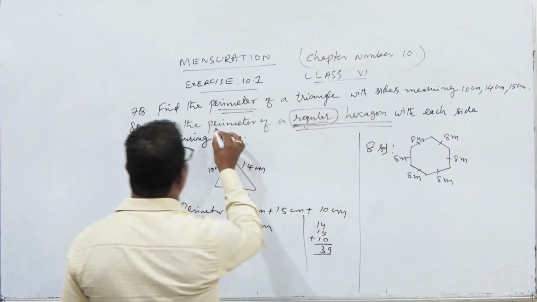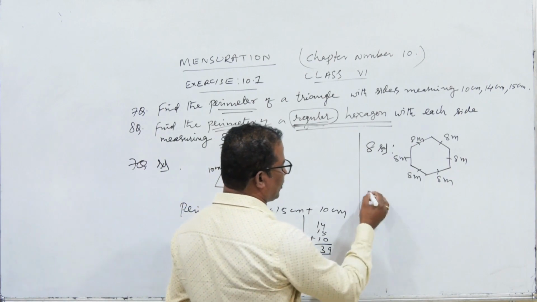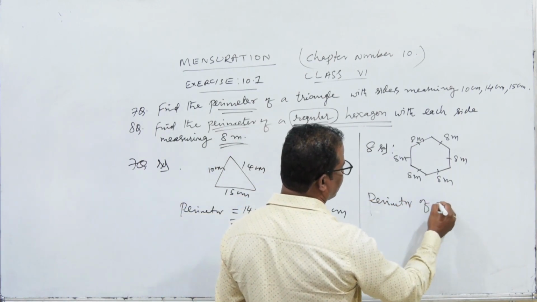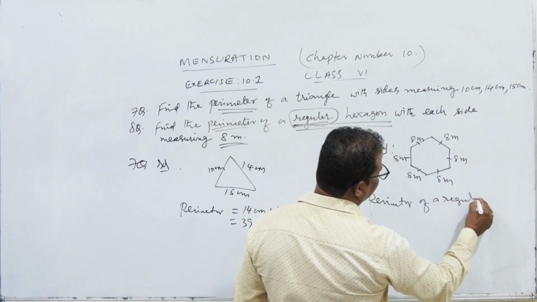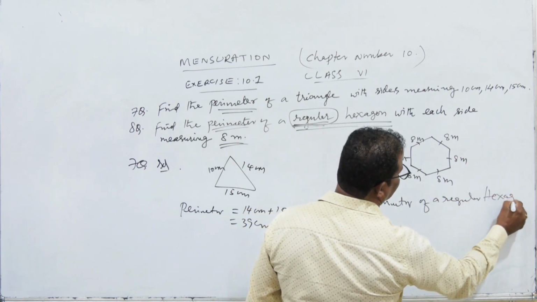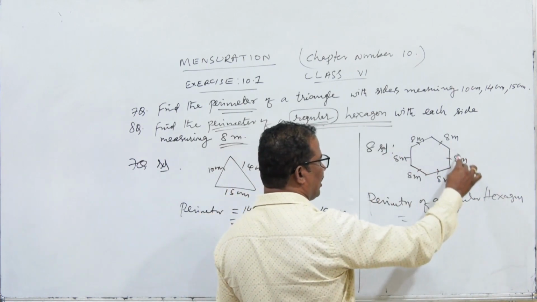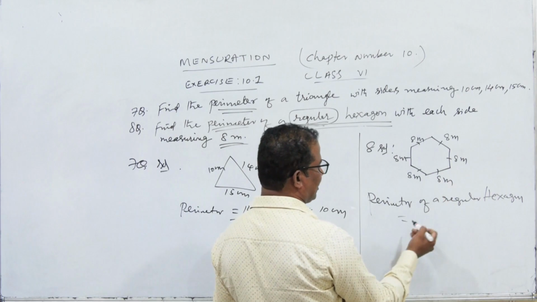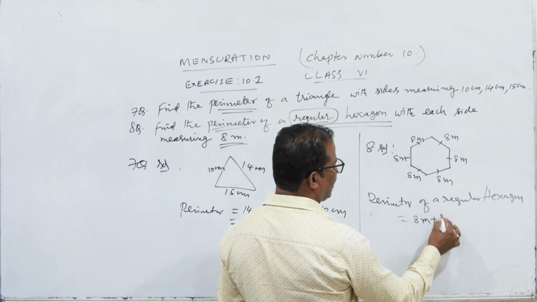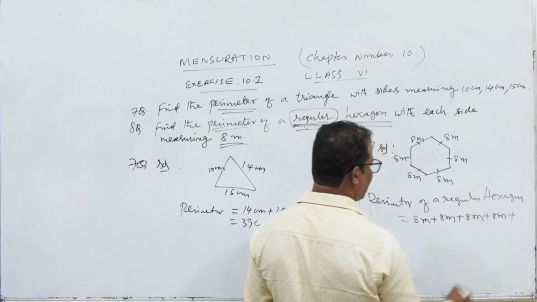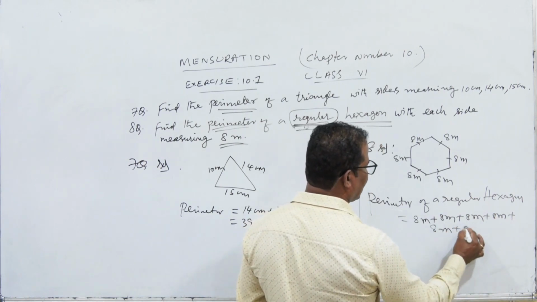So we need to find what? Perimeter. The perimeter of a regular hexagon, there are 2 ways. We can find the total measure of these 6 sides, that is 8 meter plus 8 meter plus 8 meter plus 8 meter plus 8 meter plus 8 meter.